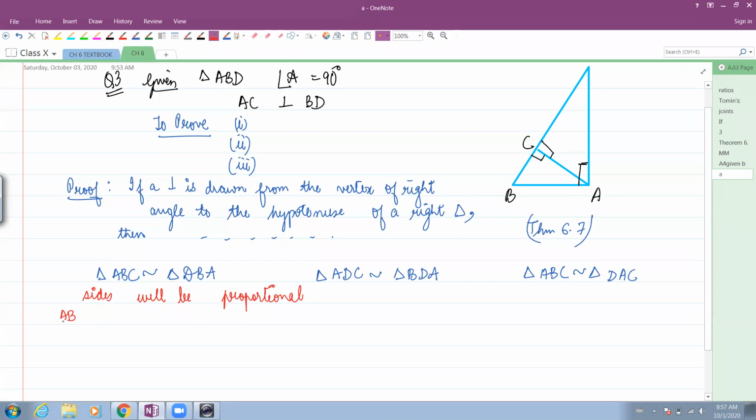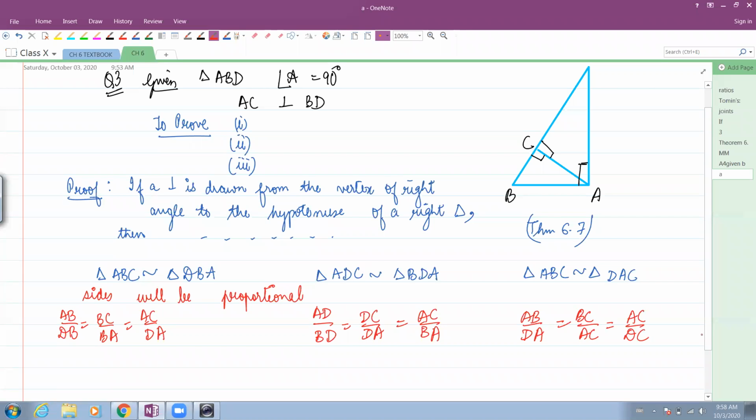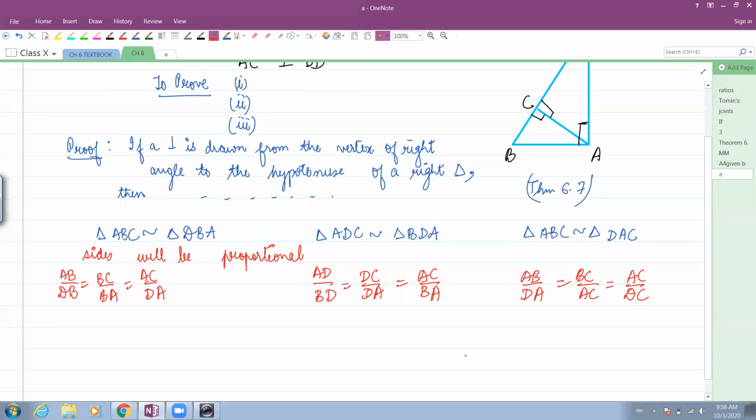So from the first pair of similar triangles, and now you can just simply identify which pairs will give you your parts 1, 2, and 3.